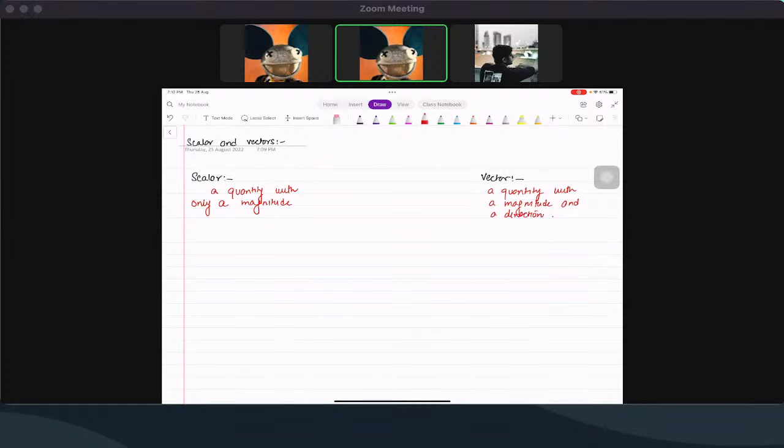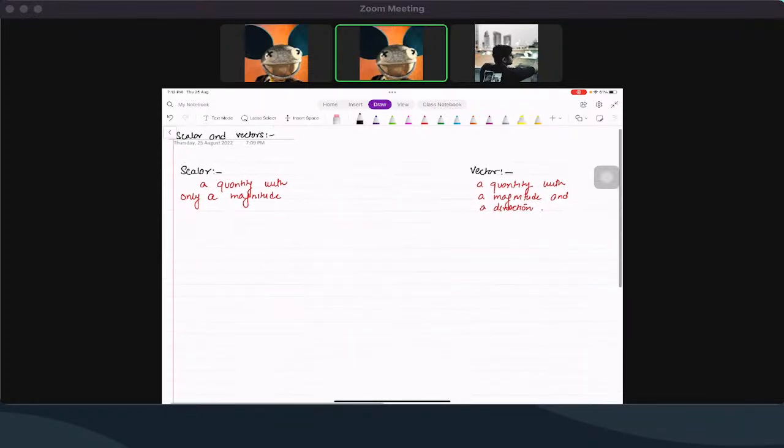Now, scalars can be listed down, so let's list them.